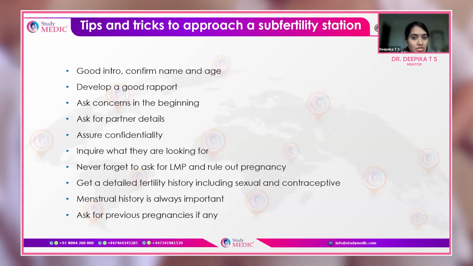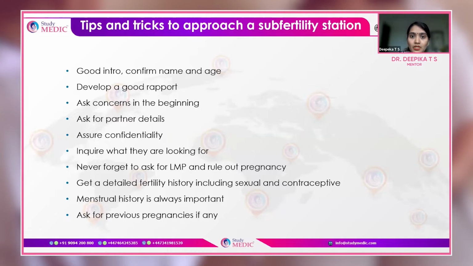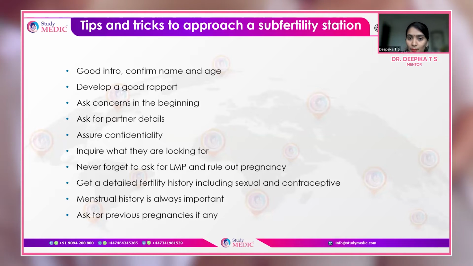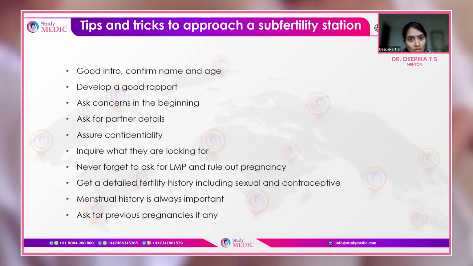So always share confidentiality: I'm here to help you. Whatever you share with me will not be shared with anyone else in the hospital unless you ask me to do so. If you assure confidentiality, they'll open up about their condition. And always inquire what they're looking for. May I know what your concerns are? Are you having any other concerns?